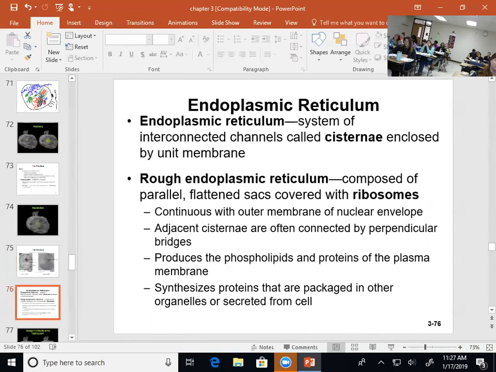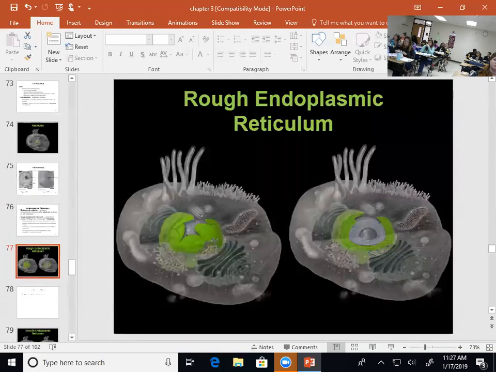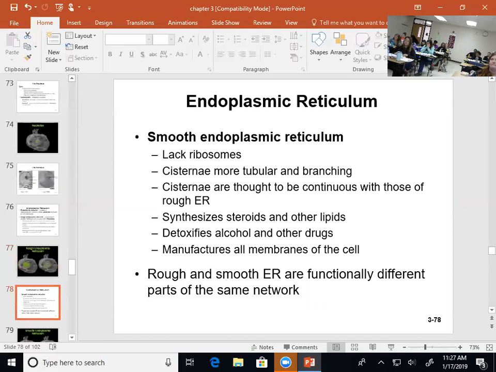The endoplasmic reticulum, why is it rough? Because the ribosomes are embedded on it, and what's being made there? Proteins are being made there. And what about the smooth? It's lacking ribosomes. It looks smooth to us. It actually looks that way to us on these scans and these graphs. But what did I tell you is being made there?